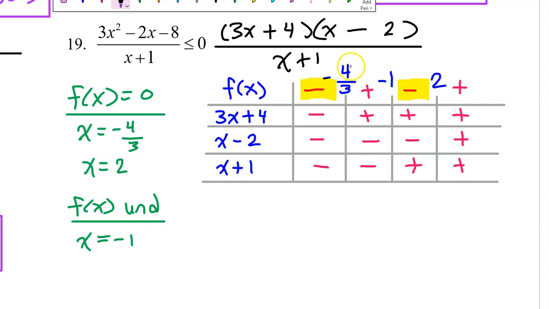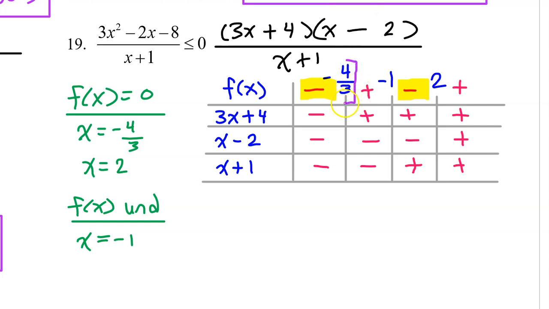And we will show that when it is solution time using brackets. So I'm going to put them down now so I don't forget. I'm going to have a bracket on the negative 4 over 3, and I will have a bracket on the 2. But I will have a parenthesis on the negative 1 because we still don't want to include any values where f of x is undefined.